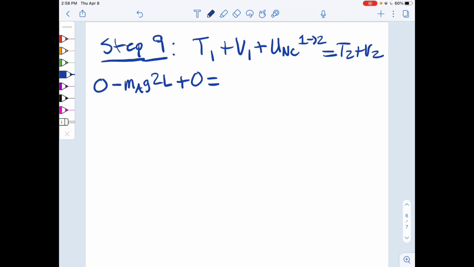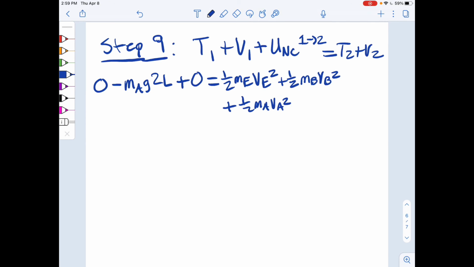And then for our kinetic energy at position 2, we're going to have 1/2 ME VE squared plus 1/2 MB VB squared plus 1/2 MA VA squared.